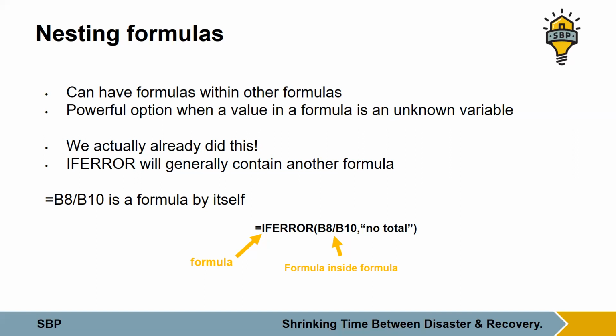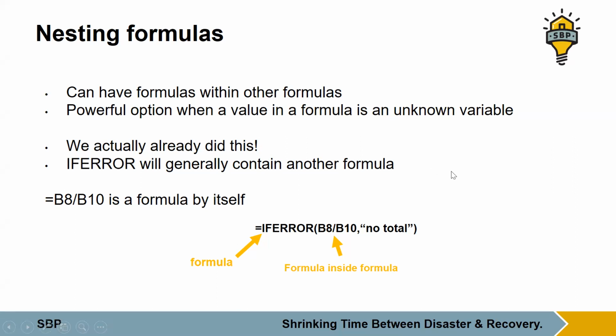So we actually already did this. IFERROR almost always contains another formula. Sometimes it'll contain a reference, but almost always it's going to be another formula. If I were to type equals B8 divided by B10, that's a formula in and of itself. That will return a result. It starts with an equal sign. It has references and an operator in it. Formulas don't have to have a function in them.